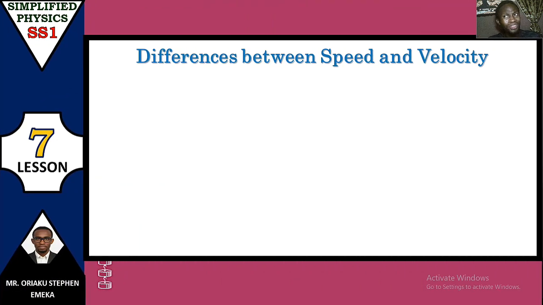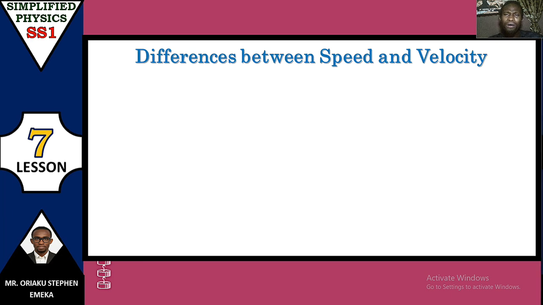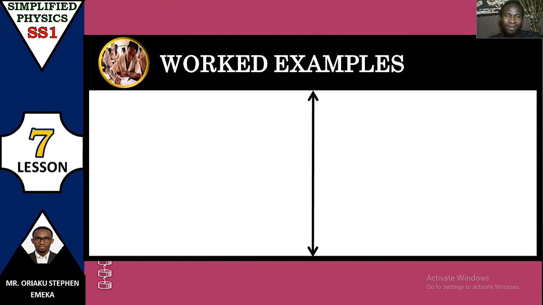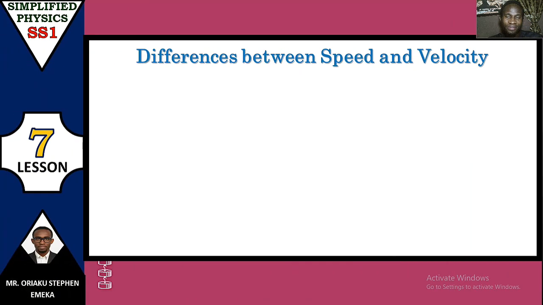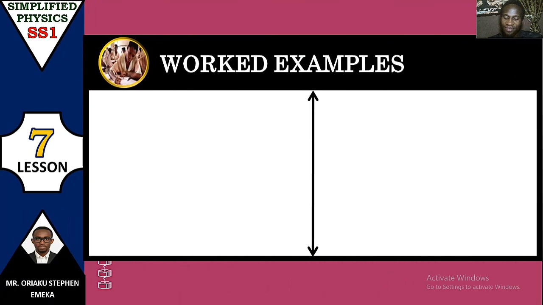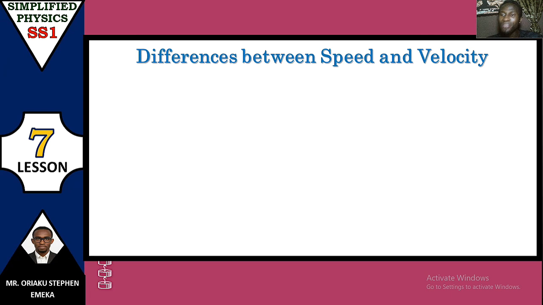Okay, let's talk about the differences between speed and velocity. The first difference is their definition. Speed is the rate of change of distance with time, while velocity is the rate of change of displacement.